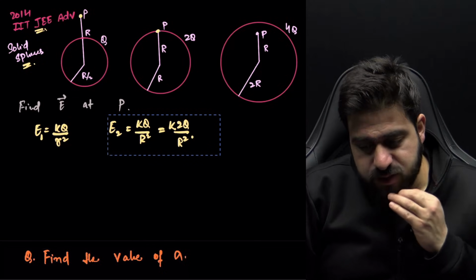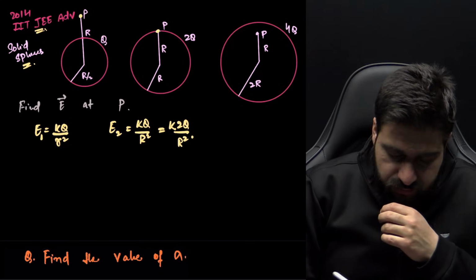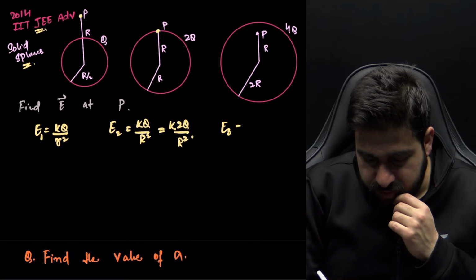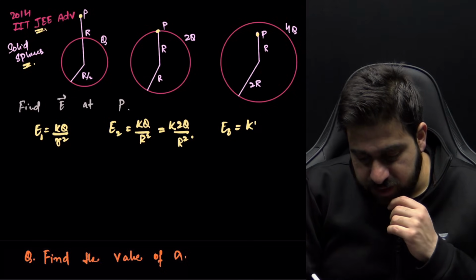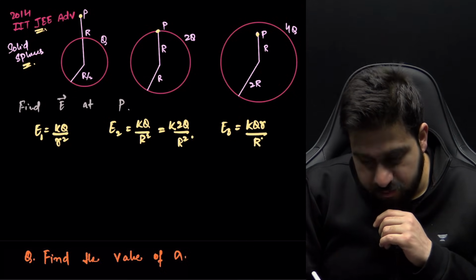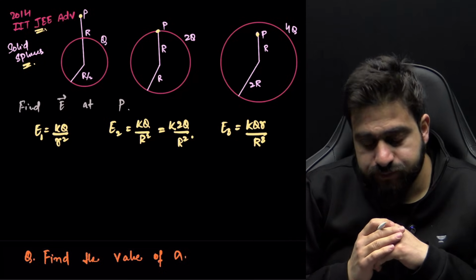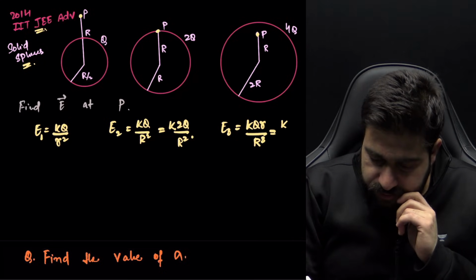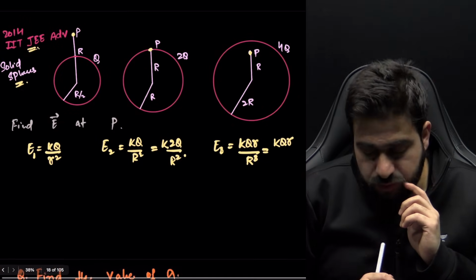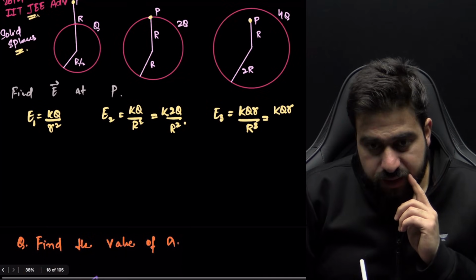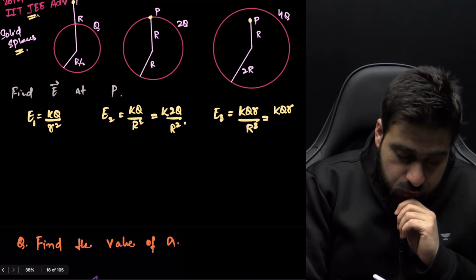Then, my dear NEET aspirants, the electric field at point 3 is the case of inside. Electric field inside is KQ small r divided by capital R cube. This is KQ into small r. And what is small r?